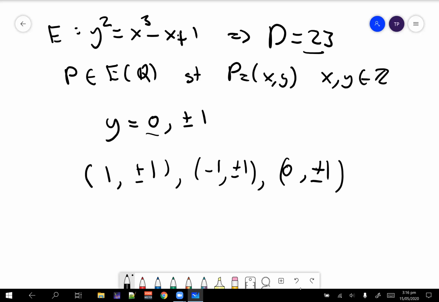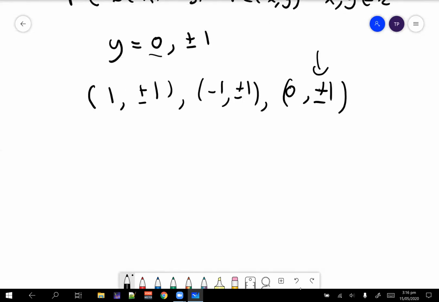Note that I write the plus or minus 1 here because it doesn't really matter whether y is positive or negative, because it's symmetric across the x-axis anyway. So 0, 1 is the inverse of 0, negative 1, and if a point P has a finite order, then its inverse has finite order as well. So we only have to check one of them.